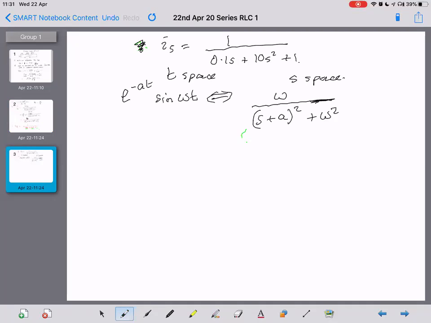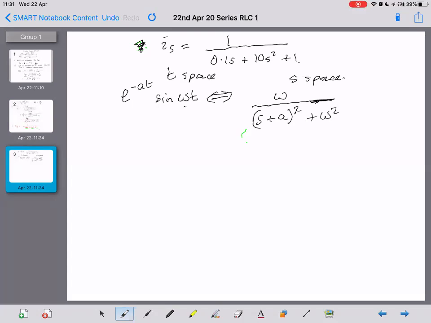You got that? Now, we need to look at it in detail, but if you were to multiply out the (s plus a) squared, you'd end up with an s squared term, an s term, and a constant, and then the remainder of that constant can become this omega squared, because omega and omega squared are constants as well.